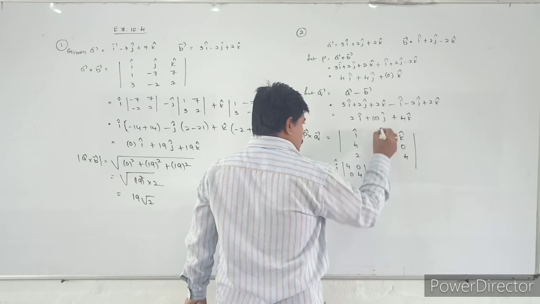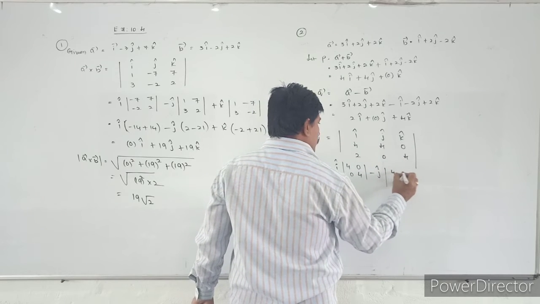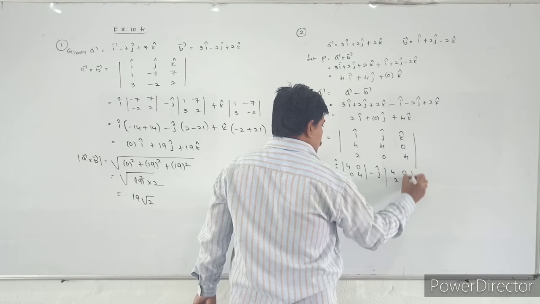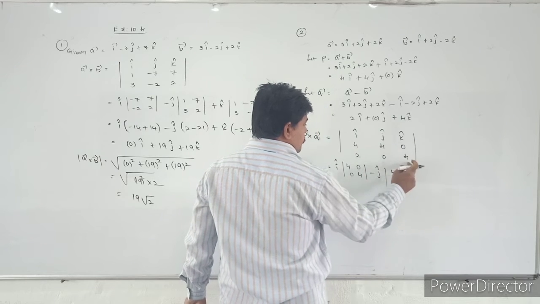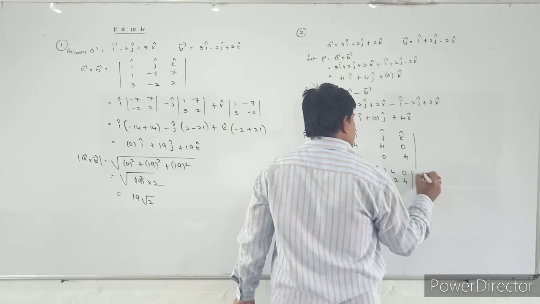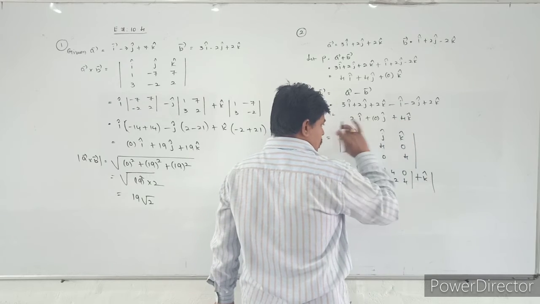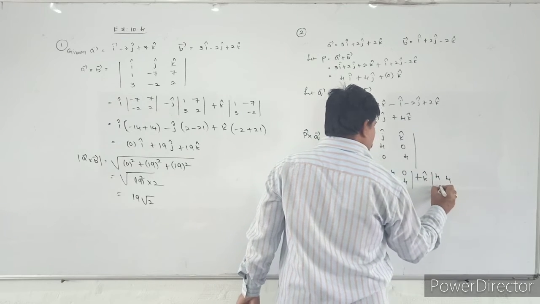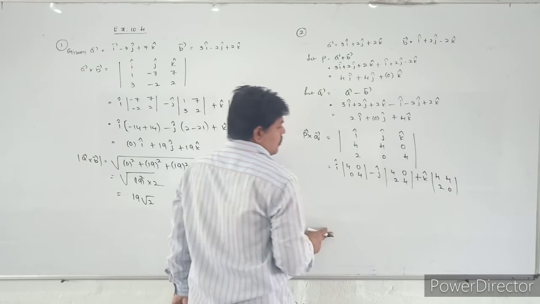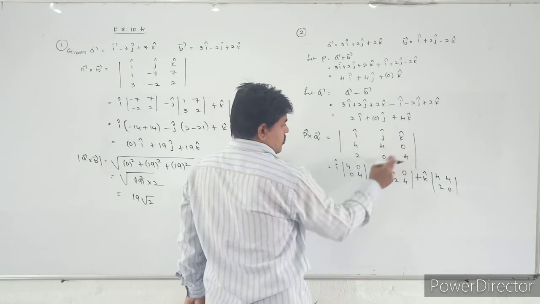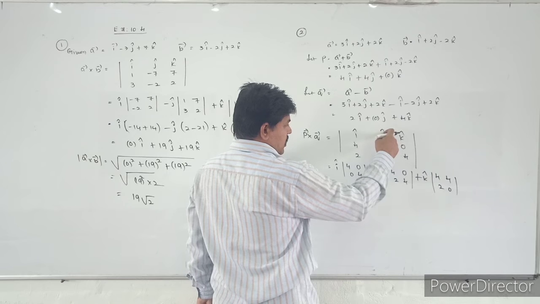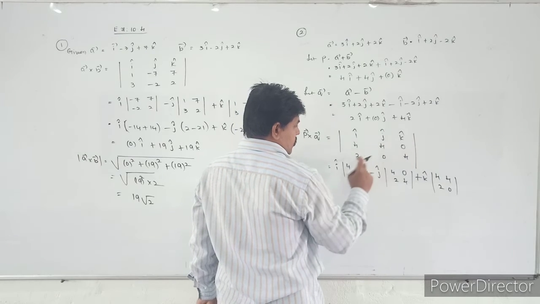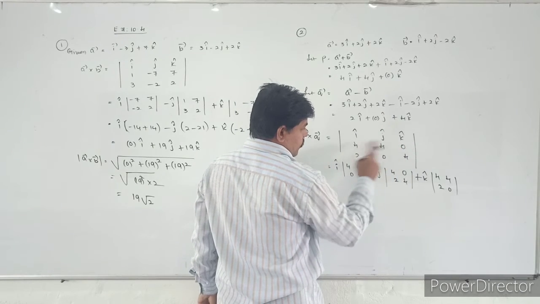Minus j, delete the row and the column, giving 4, 0, 2, 4. Plus k, delete the row and the column, giving 4, 4, 2, 0.